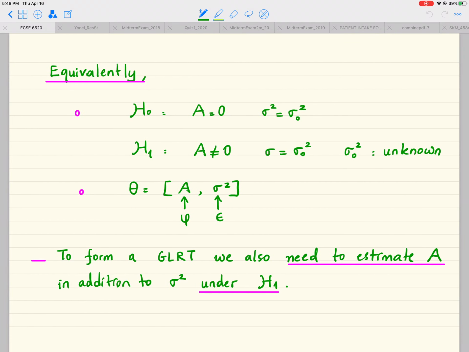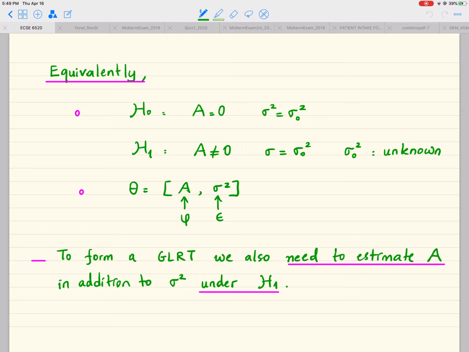Or we can alternatively formulate this problem as A being equal to 0 under the null hypothesis and sigma square being sigma sub 0 square, or under the alternative hypothesis A is different than 0 and sigma square is equal to sigma sub 0 square.